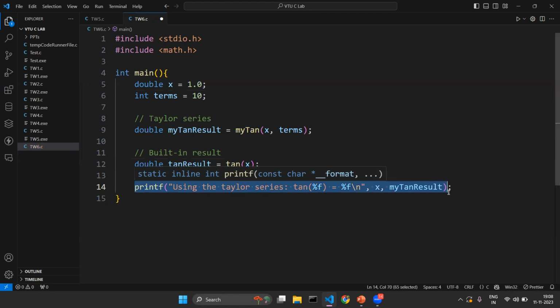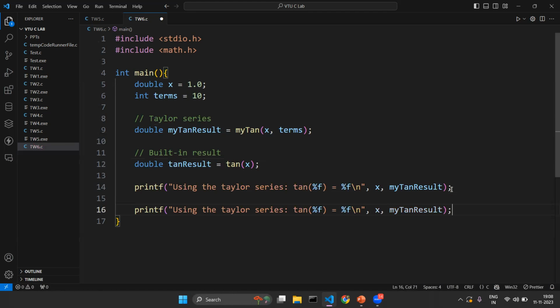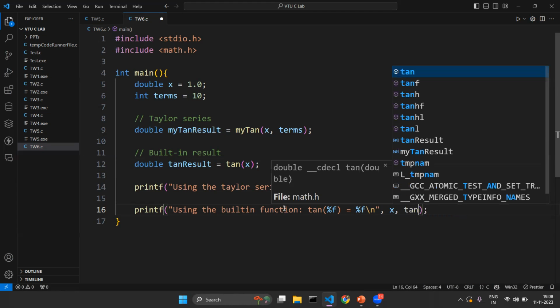Let's copy the statement and write it the same for the user-defined, that is, the built-in function. Built-in function tan of x, percentage f, everything remains same, but only now we need to print the tan result variable.